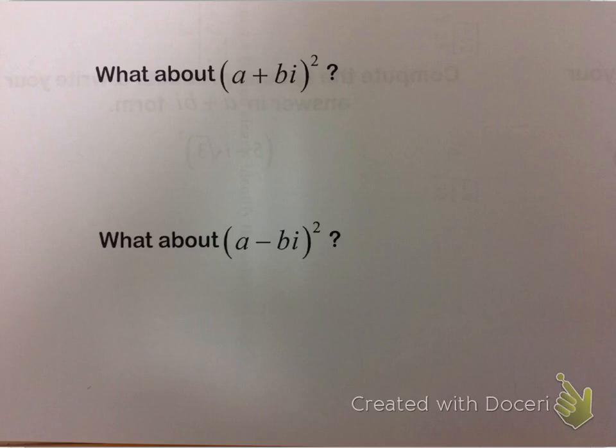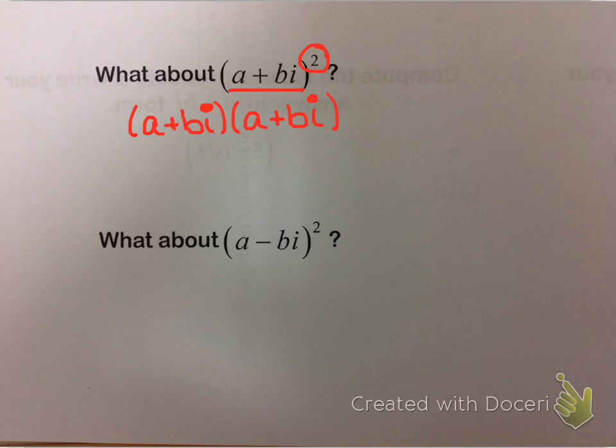When we do a plus bi and it gets squared, remember that squaring anything means multiply it by itself. So that means we're doing a plus bi times a plus bi. And unfortunately that means that the imaginary numbers aren't going to cancel because those are not conjugates of each other.